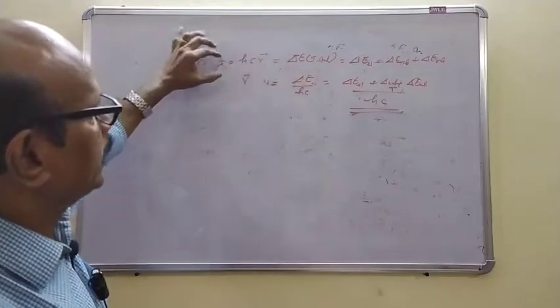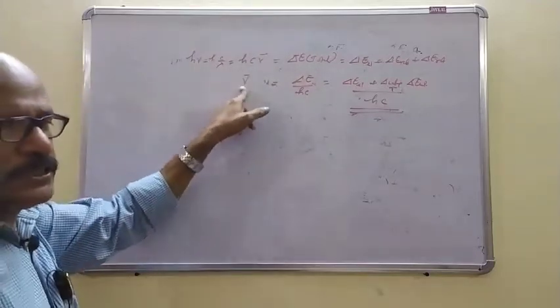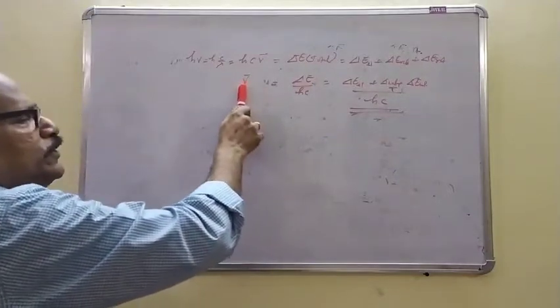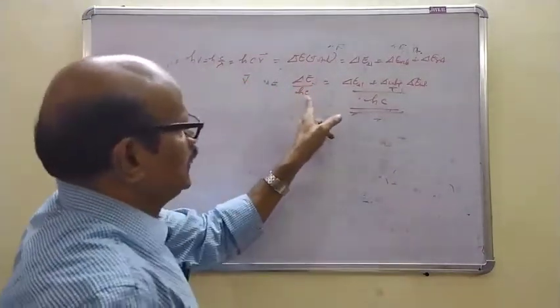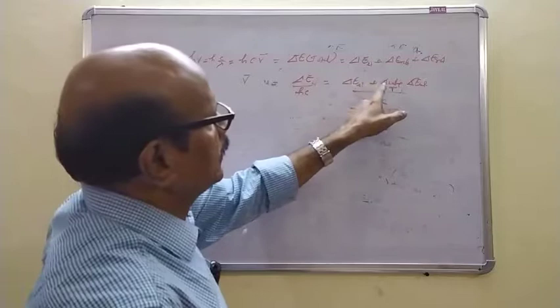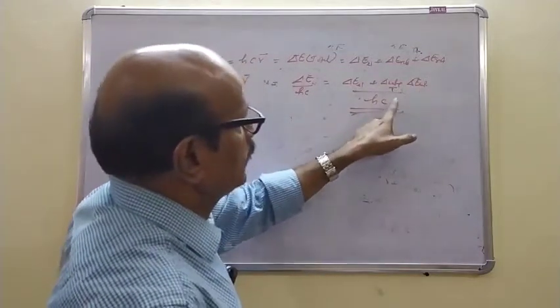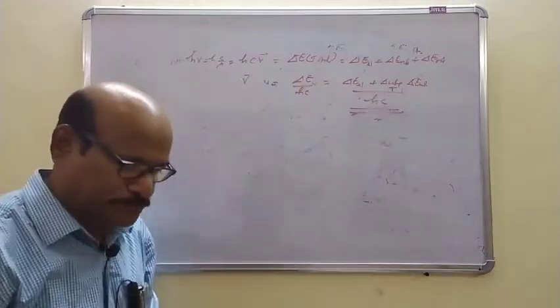The Bohr condition is given by the wave number of the radiation absorbed, nu bar equal to delta E by h c, that is delta E electronic plus delta E vibrational plus delta E rotational by h c.